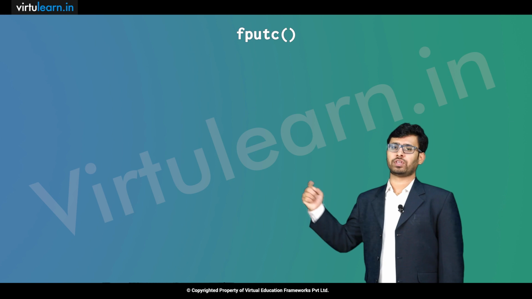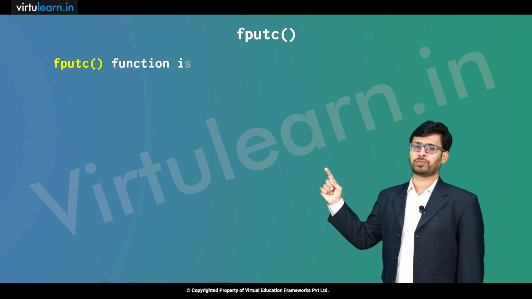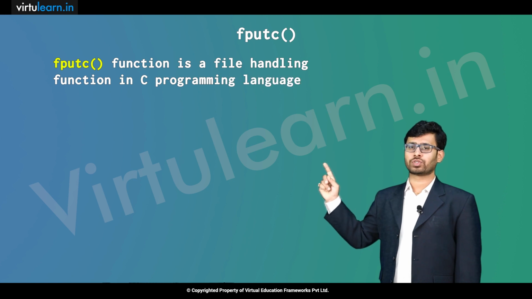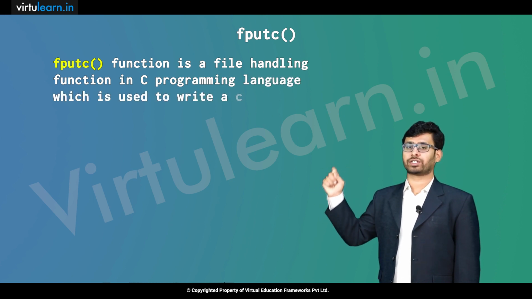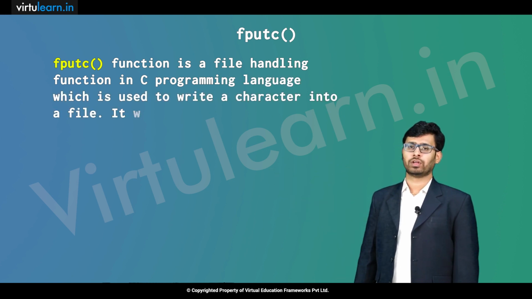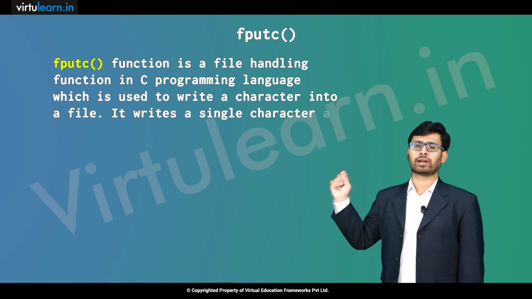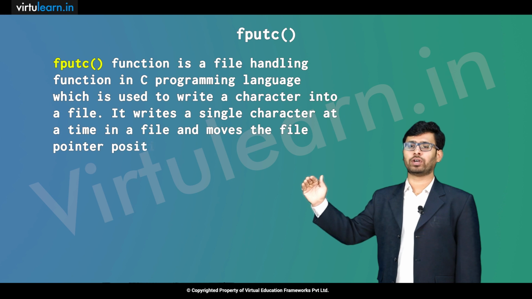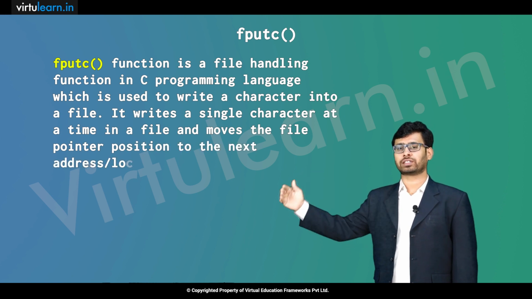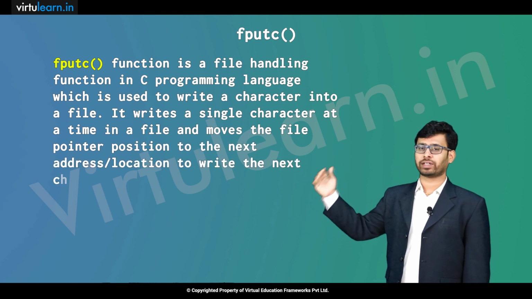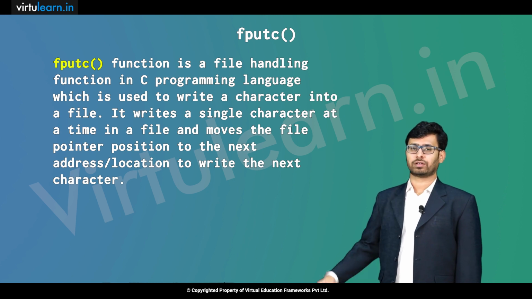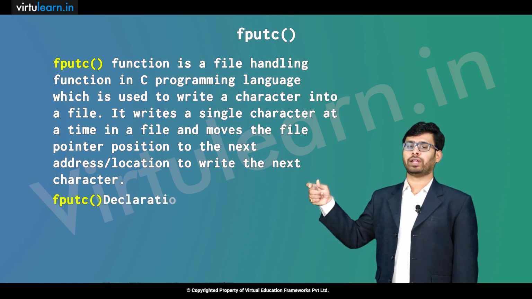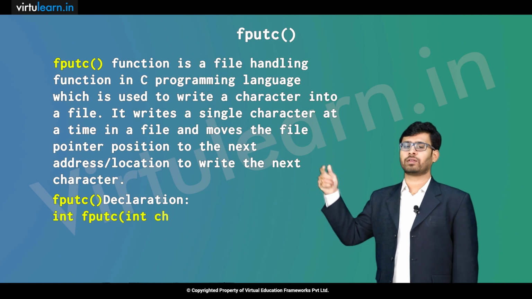Next, fputc. The fputc function is a file handling function in C which is used to write a character into a file. It writes a single character at a time in a file and moves the file pointer position to the next address location to write the next character. So here is how we represent this: fputc of int char comma the file pointer.